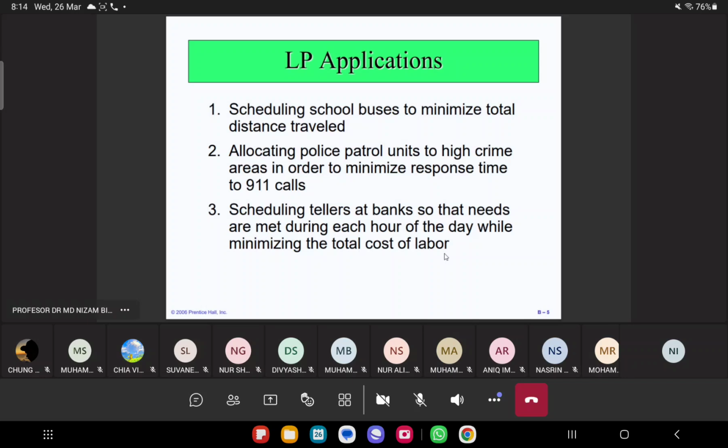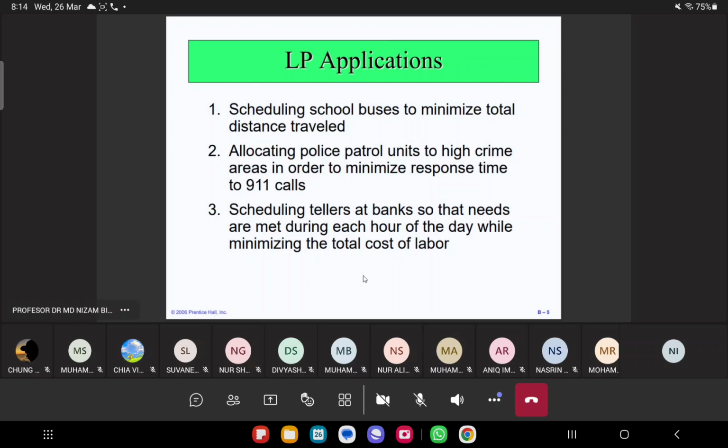So if you want to look at how to schedule these tellers, meaning how many tellers to be opened at what time, so on and so forth, you can use linear programming application to solve it. It will give you a solution, for example, that you should open 5 tellers from 10 a.m. until 11 a.m., and then 10 tellers from 12 until 1 or until 2.